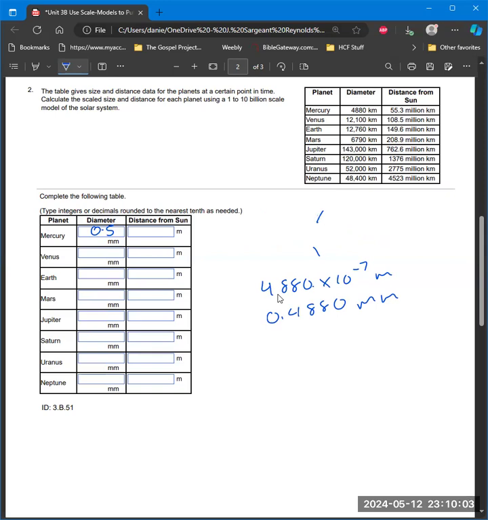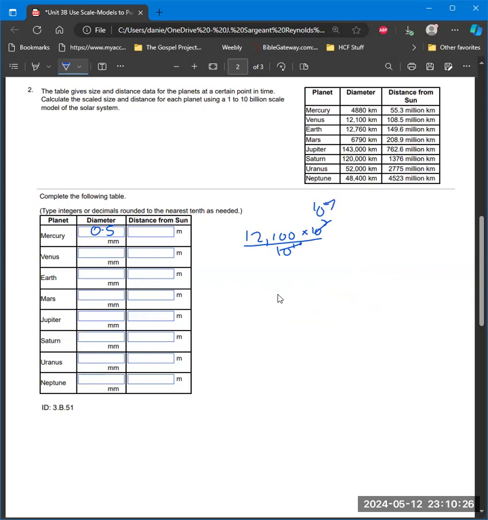I'm going to do all the diameters first. So this is 12,100 times 10 to the third over 10 to the 10th, which is going to be 10 to the negative 7th.